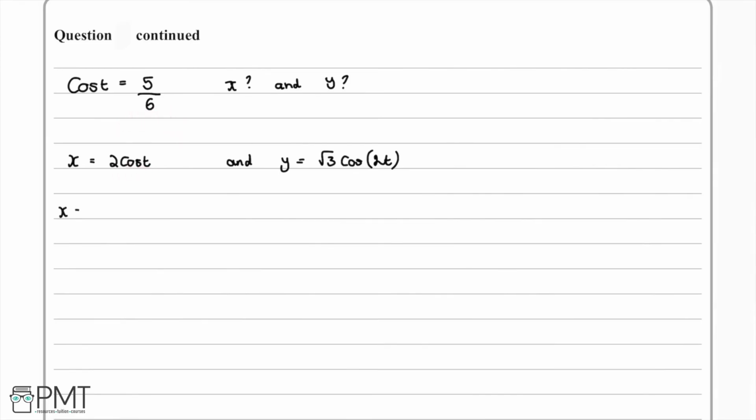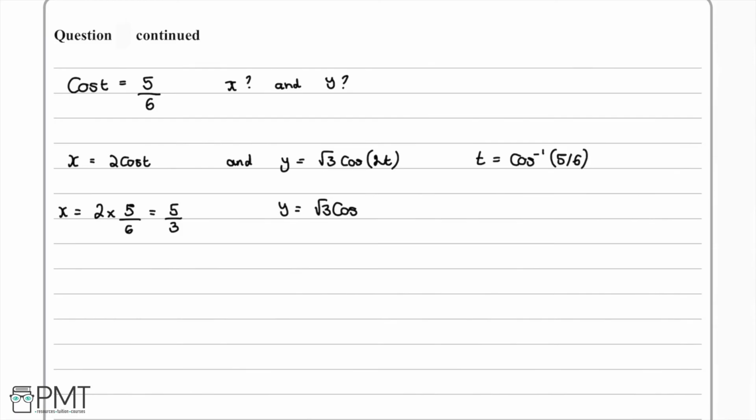So the x coordinate of Q is going to be equal to 2 multiplied by 5 over 6, which is equal to 10 over 6, which is equal to 5 over 3. Then y is going to be equal to root 3 multiplied by cos, and how do we deal with this 2t? We know that t is equal to cos negative 1 of 5 over 6.